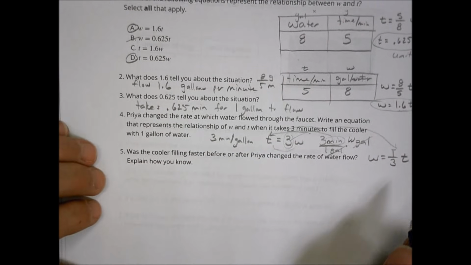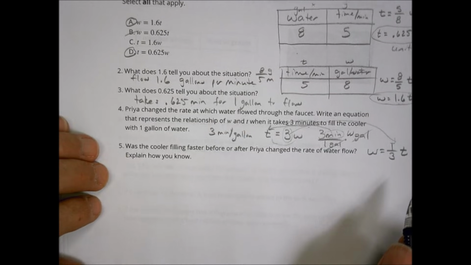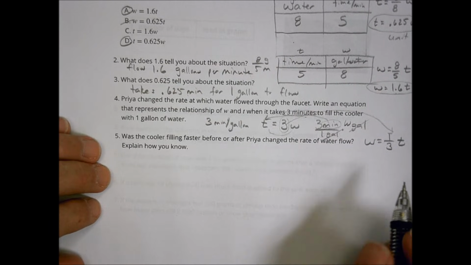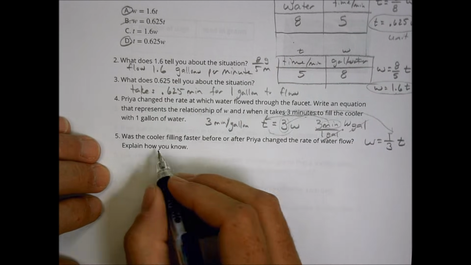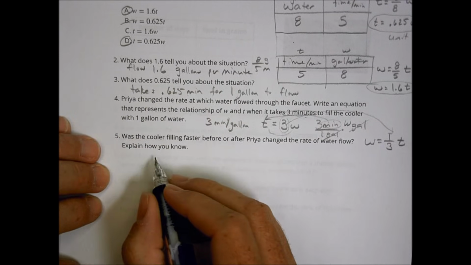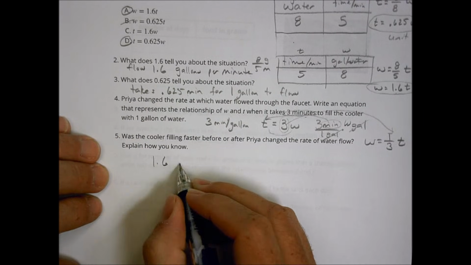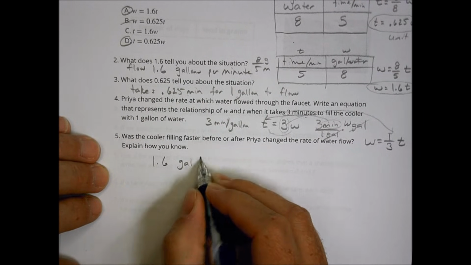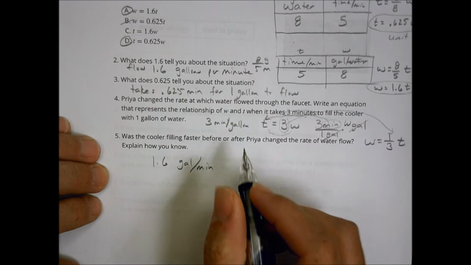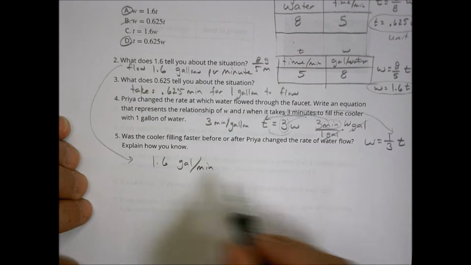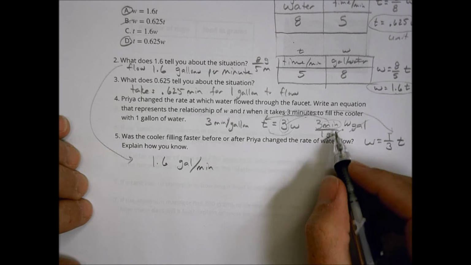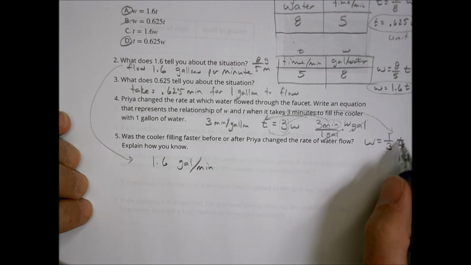So was the cooler filling faster before or after she changed the rate of flow? How do you know? Well, what we're comparing is a rate of 1.6 gallons per minute, that's my first rate here from 2. And over here, this is minutes per gallon. This one is my gallons per minute.